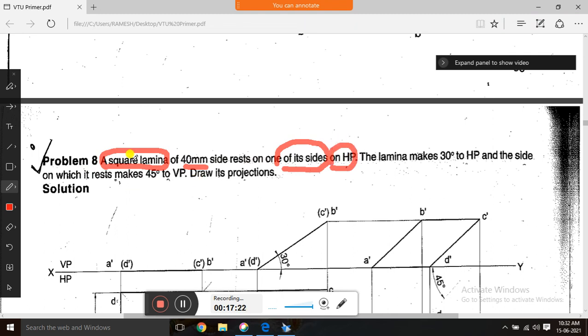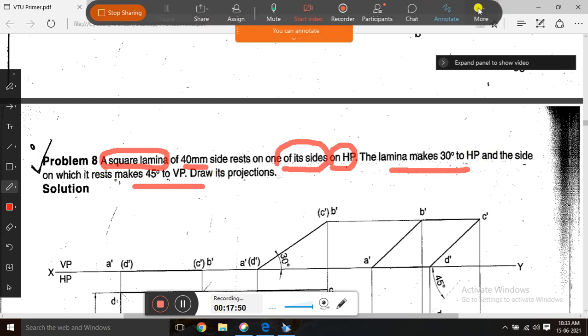So for the first position, you have to write the top view first with the side condition of the square lamina. Second, the lamina is inclined 30 degrees to HP and makes 45 degrees to VP. Draw its projection. It is resting on HP, so the second inclination is HP 30 degrees and the third inclination is VP 45 degrees.